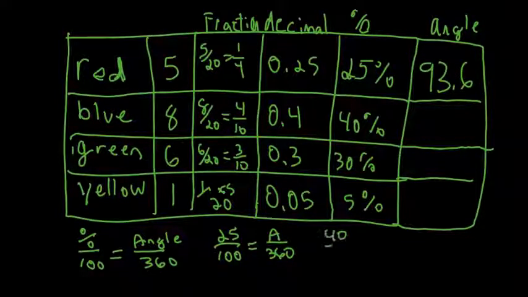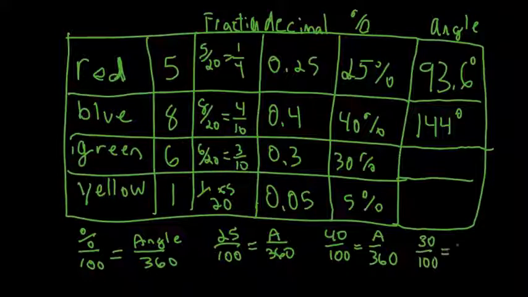So 40 over 100 equals angle over 360. So 40 times 360 divided by 100 is going to give you 144 degrees. So then 30 times 360 divided by 100 is going to give you 108 degrees.